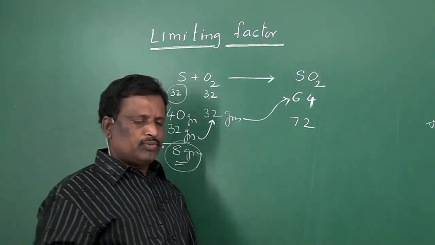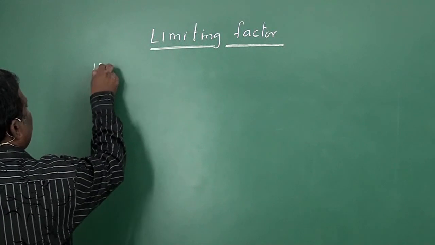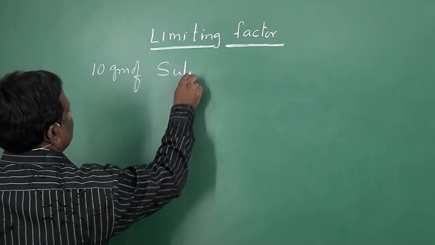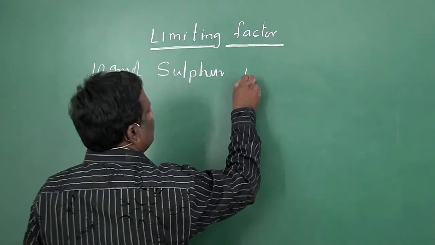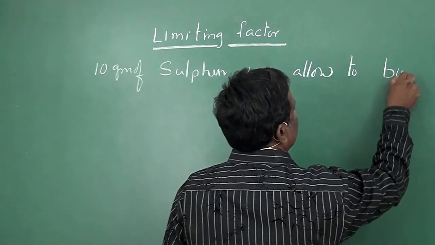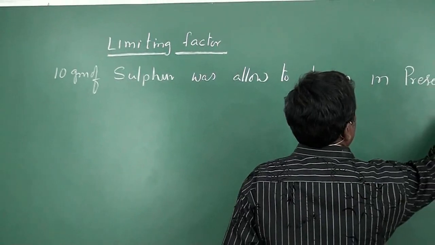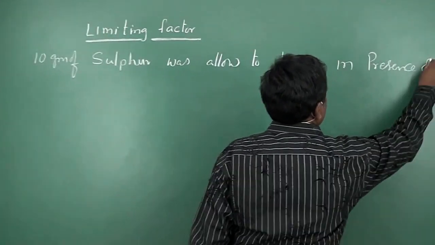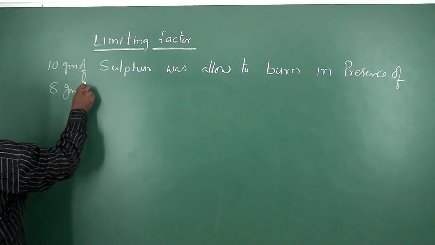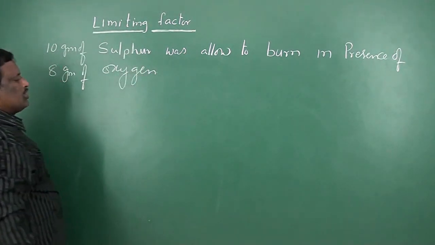Now let us do some problems based on this concept. 10 grams of sulfur was allowed to burn in the presence of 8 grams of oxygen.